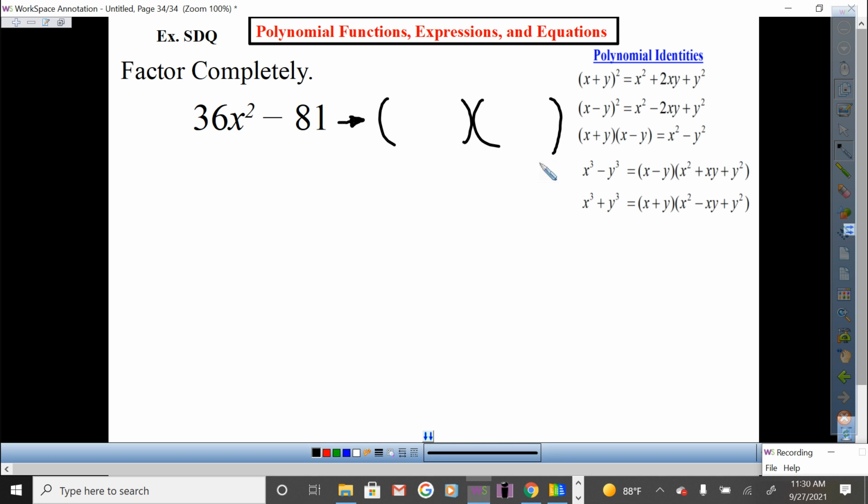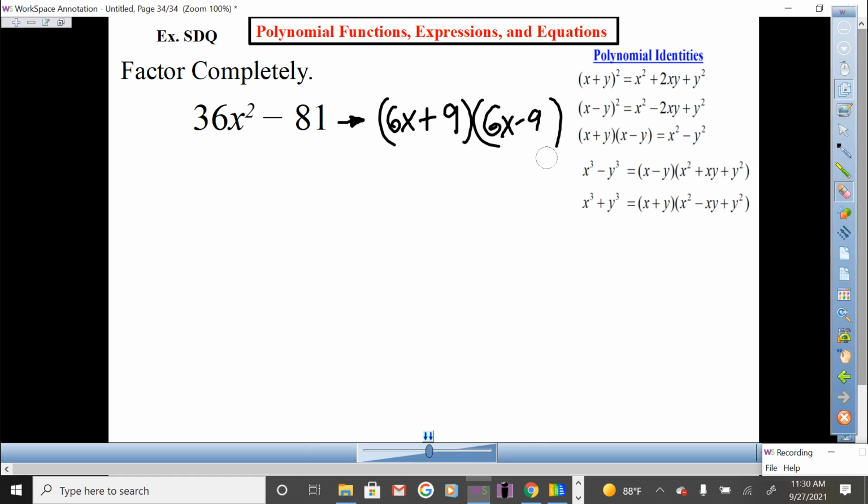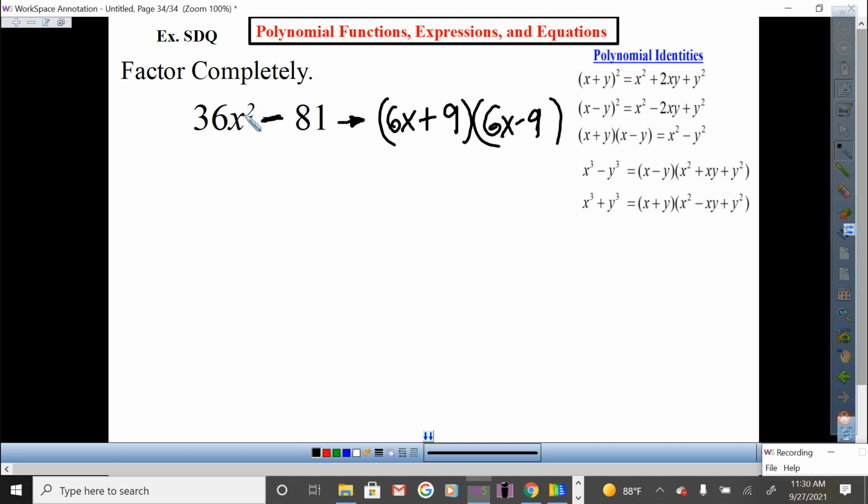All right. So let's see, Juliana, what'd you get? Yes, Andy? 9. Hands if you got that. Okay, and then 6x minus 9. All right. So far so good. Now we know the process, yes. Now in case some of you are still thinking about it, it's still a difference. It's a square, and how do we check to see if these numbers are squares? By seeing if they can take the square root.